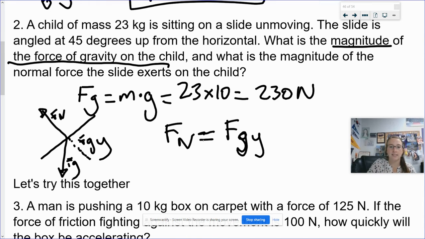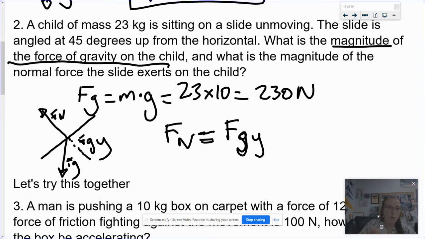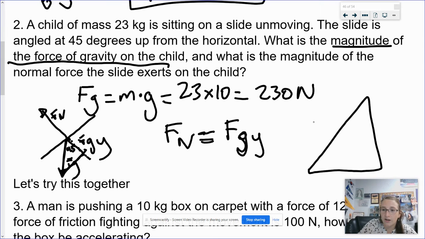I want to emphasize that because I didn't do a great job in class. We can go straight here. So our 45 degrees is always in between the gravity vector and the y-axis. That 45 degrees is in between the gravity vector and the y-axis. So I'm going to take this triangle here, and I'm going to pull this triangle off and recopy it so that gravity is my hypotenuse. 45 degrees is up here, and force gravity y is right there.